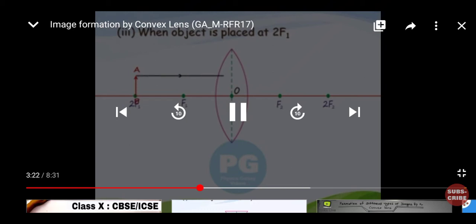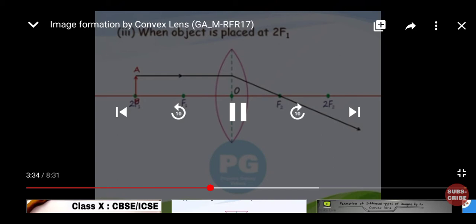When the object is placed at 2f1. Here is our object AB. Now a ray of light from point A of this extended object AB goes parallel to the principal axis, and after refraction passes through the principal focus on the other side of the lens. Now again, to form an image, we need at least two refracted rays.